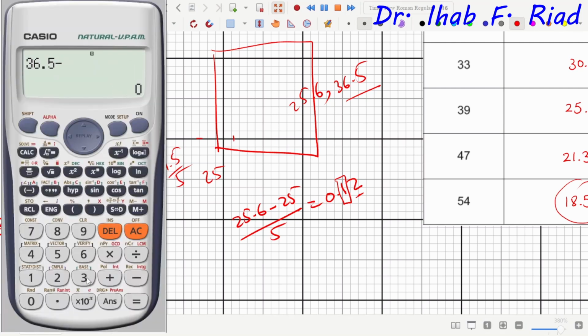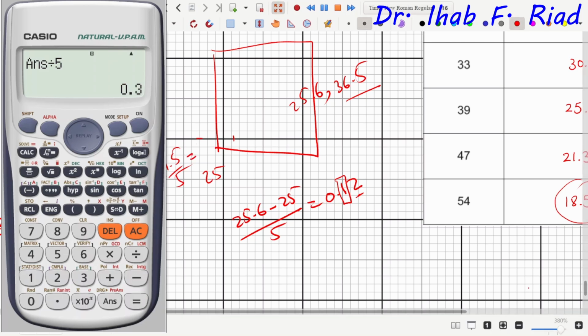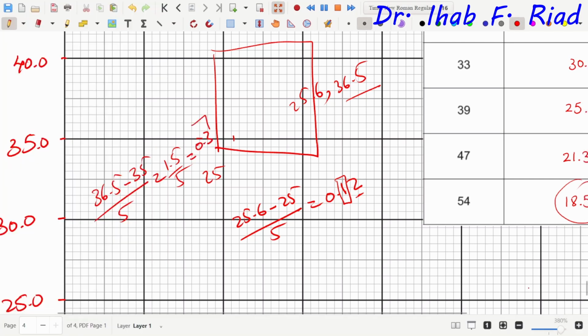So it is small squares on the y-axis. So it is 1, 2, and 3.